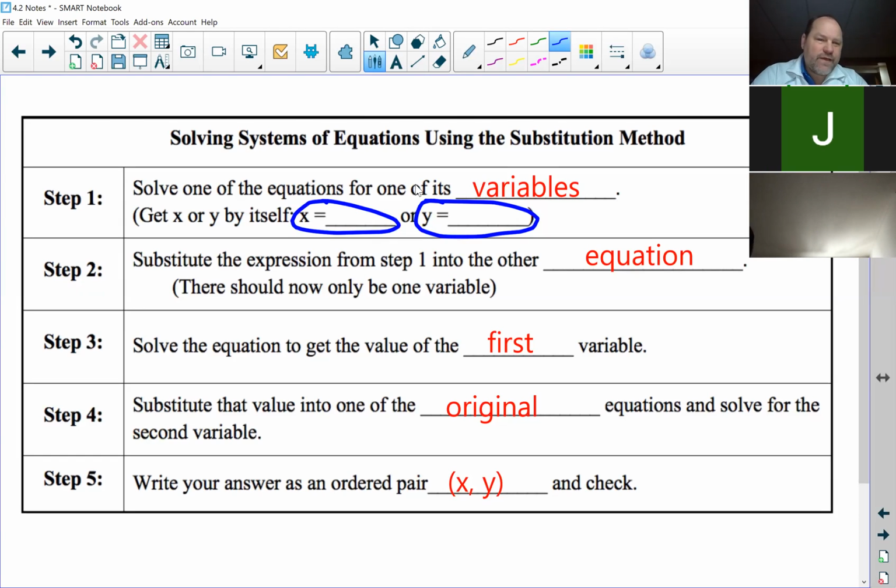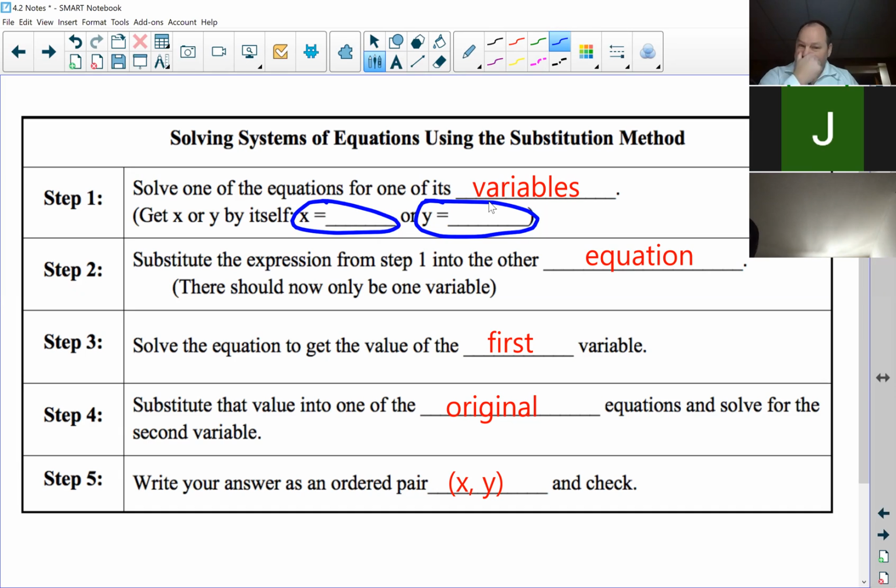And if they're both that way, that's fine as well. The second step, we take whatever x was equal to or y was equal to in that first step and substitute or plug that in to the other equation. That's why it's called substitution.